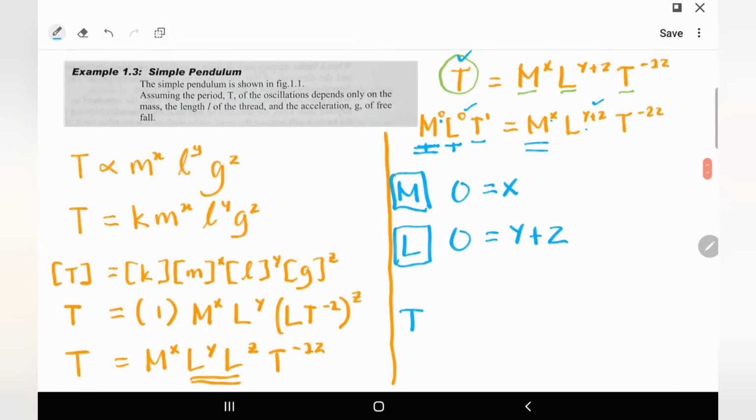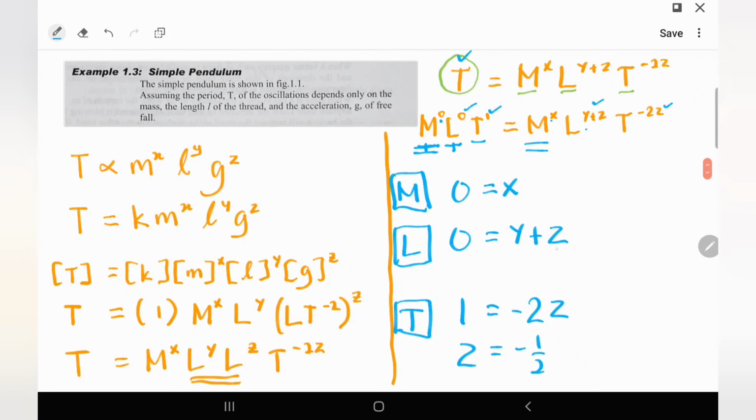By comparing T, what do we get? For T, we have 1 and negative 2Z. So 1 equals negative 2Z. So that Z we get is equal to negative half.